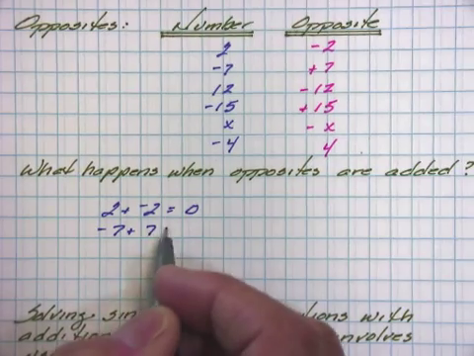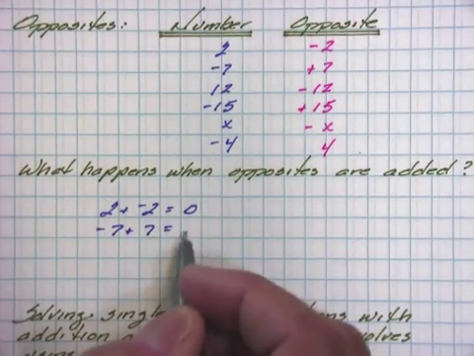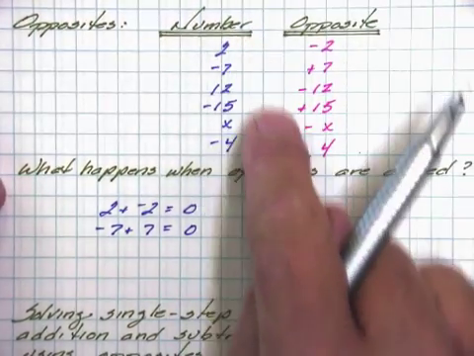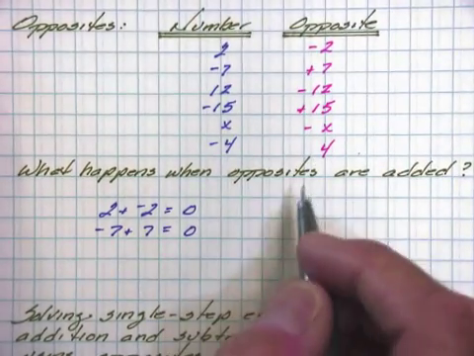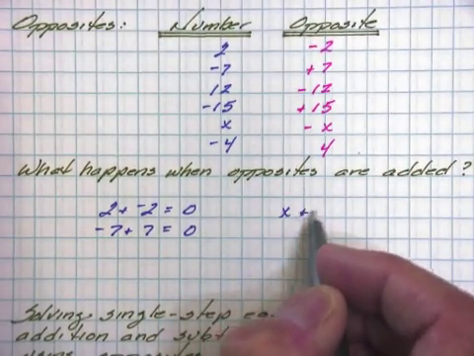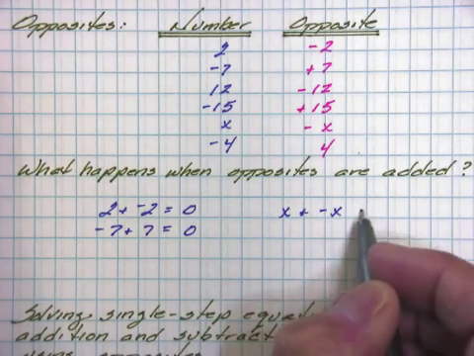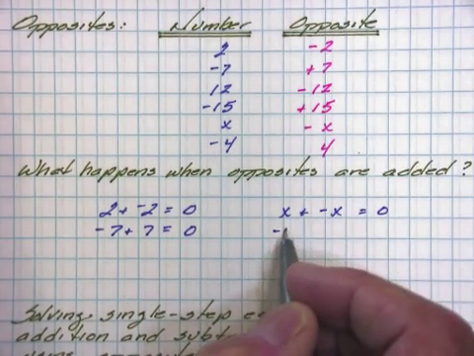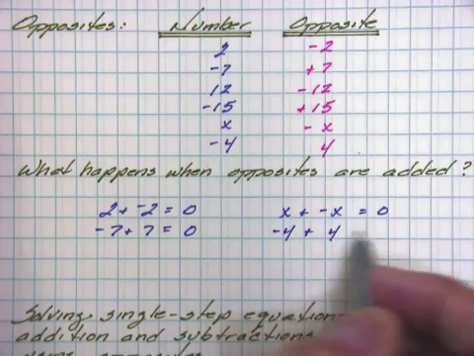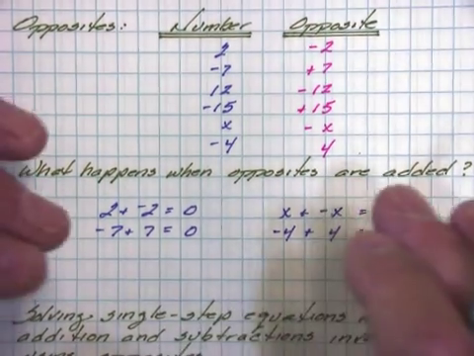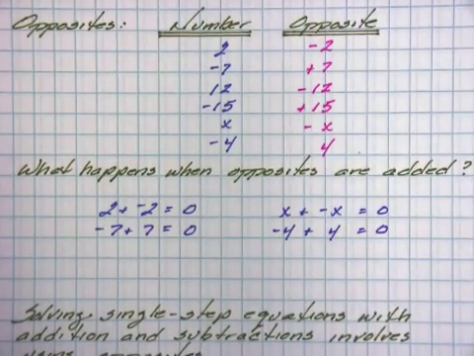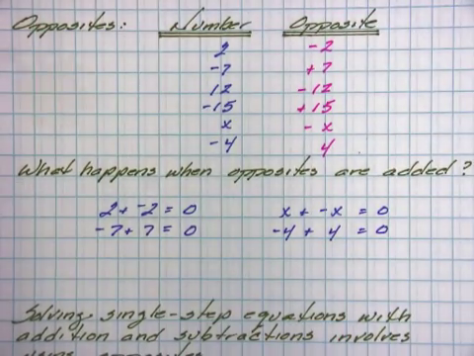Okay, how about negative 7 plus 7, what's that? Well, again, 0. Any of these combinations where you add them, you get 0 as the answer. And that works even for the variables. Like x plus negative x equals 0. Negative y plus y equals 0. So the takeaway is that when you add opposites, you get 0 as the answer.